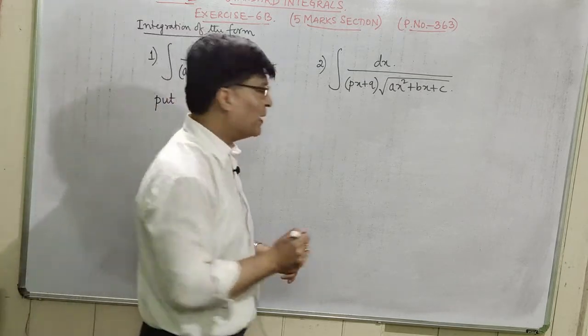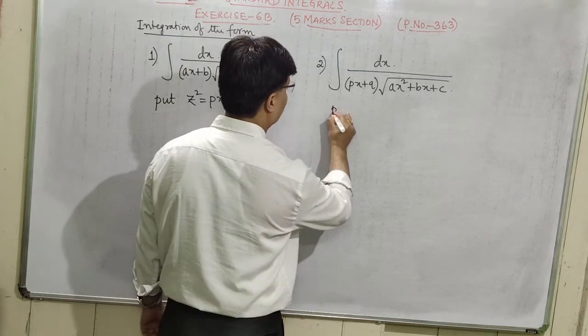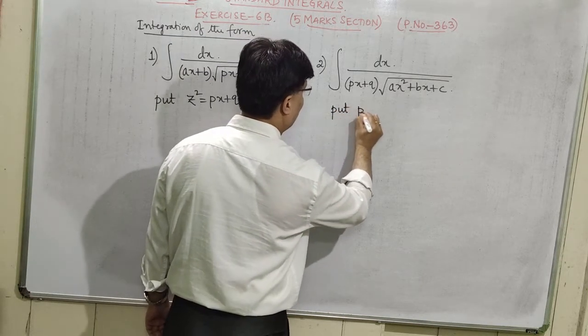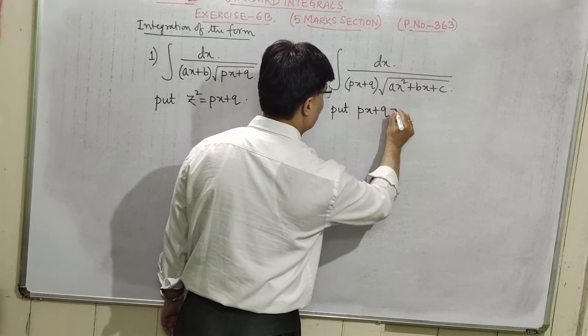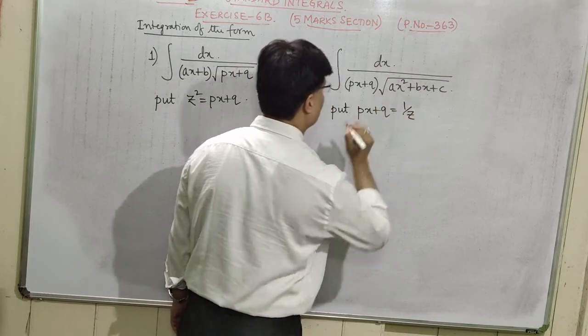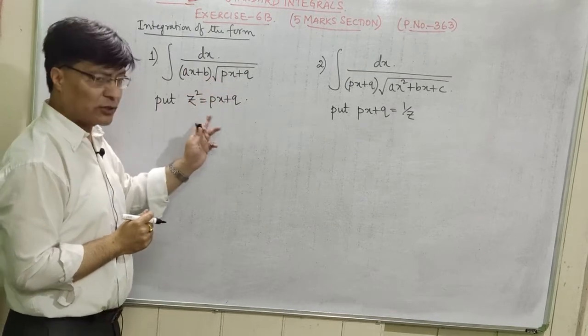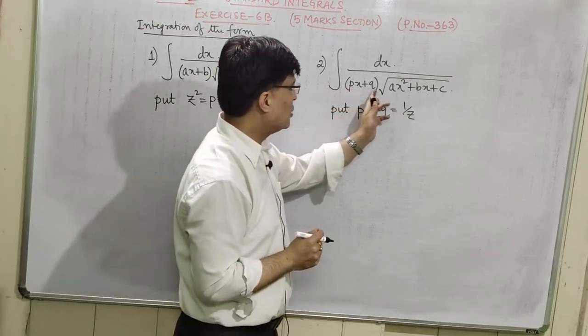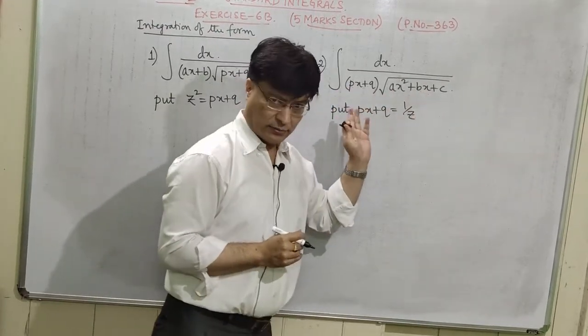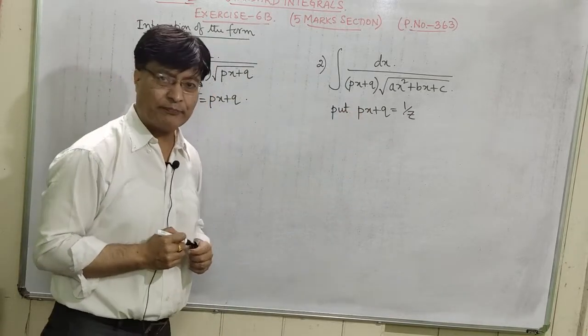In this case the method is, you put px plus q is equal to 1 upon z. Here a, b, p and q are constants, and in this case p, q, a, b and c are constants.